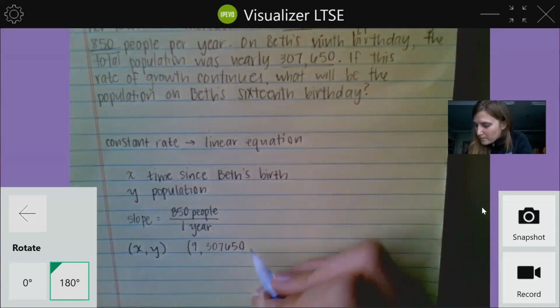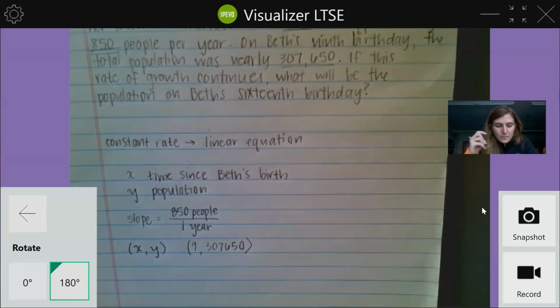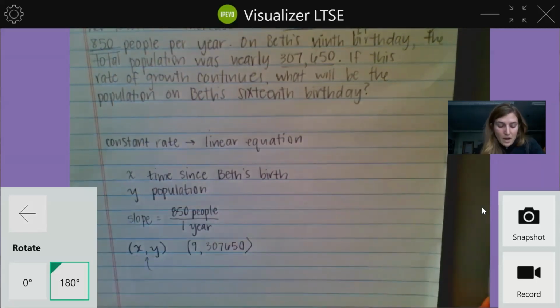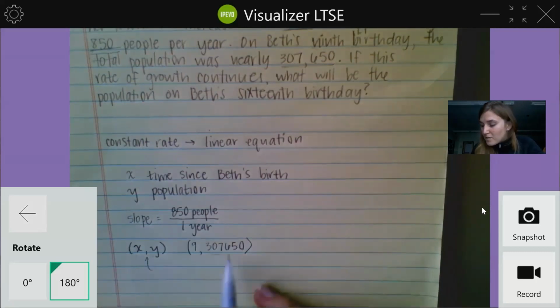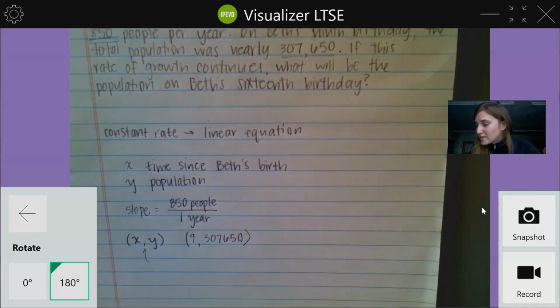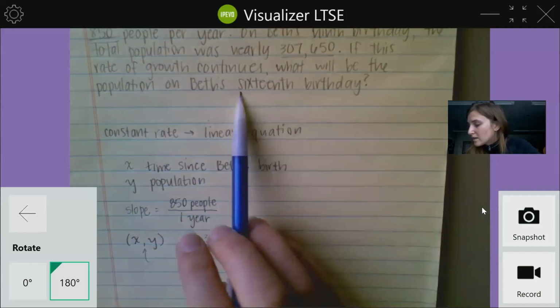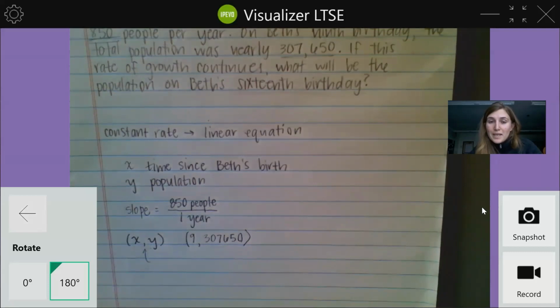So just no comma. Any other point on the line is going to be like this, XY, right? So what we're going to do is plug this information into our slope formula. And then that's going to help us figure out what the population will be 16 years after Beth was born.